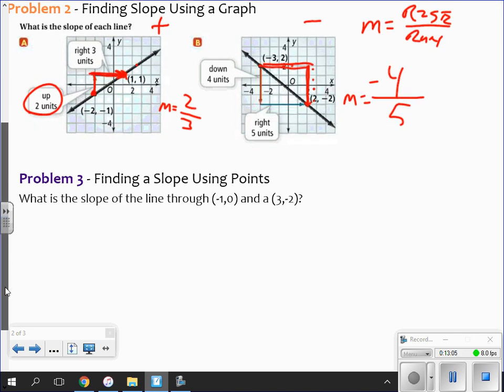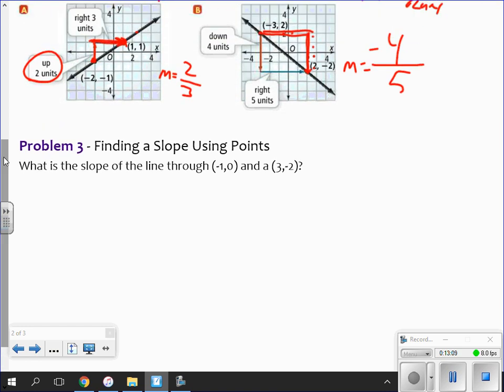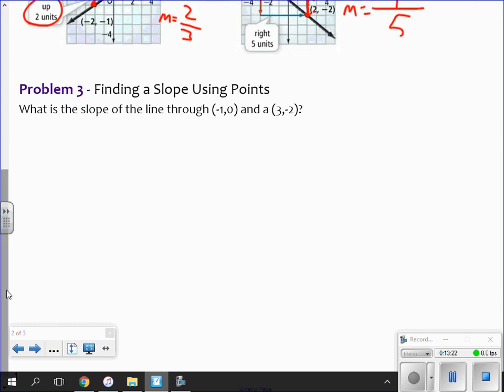Okay. Finding a slope using points. Now, because you have 2 coordinates here, you could use the 2 points that are on the line, or pick any 2 points on the line and use those coordinates. But let's say I'm not given a graph. I'm given 2 points. I want to know what's the slope of the line passing through those 2 points.